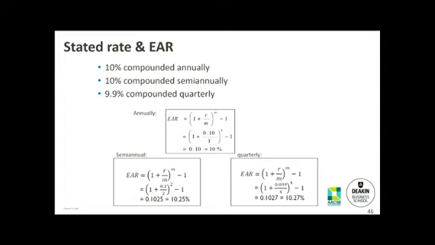If you look at the rate, one bank may give you 10% compound semi-annually, another bank give you 9.9% compound quarterly. You may think the second bank is better because 9.9% is lower than 10%. Am I right? But once you do the EAR calculation, what happened? It's not really the case. You actually pay more. And that's the trick of the bank.